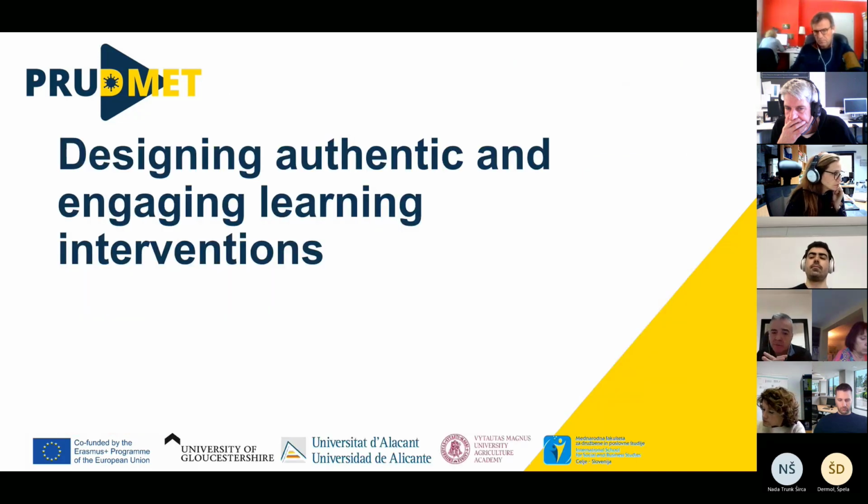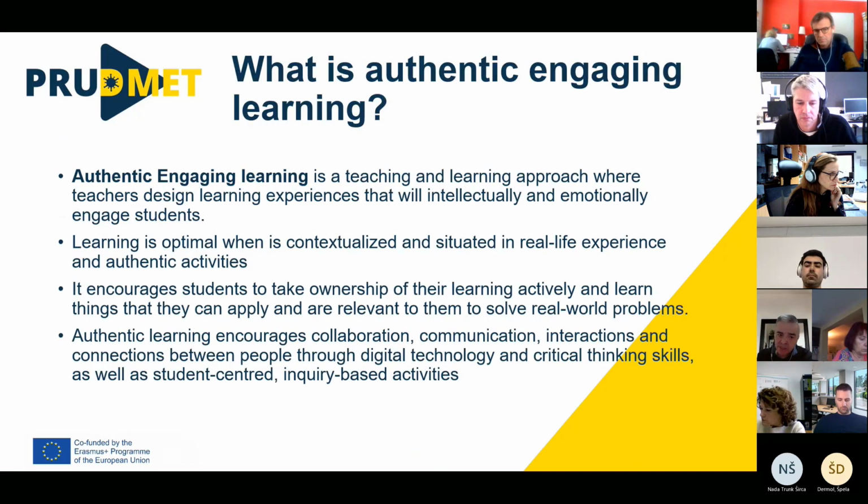And the last section of the workshop 1 is called Designing Authentic and Engaging Learning Interventions. For this, the first point, obviously, is to define what is authentic engaging learning.